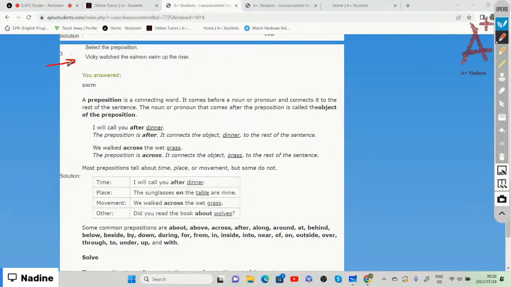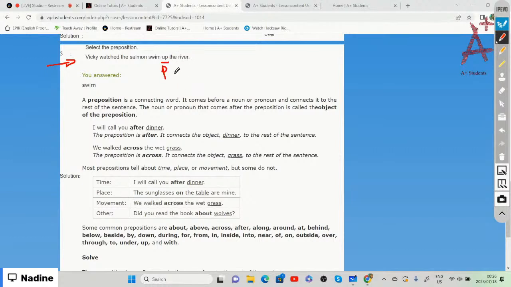Vicky watched the salmon swim up the river. We need to choose the preposition. So here they say select the preposition. All right, if we choose the preposition, then we can say it is up, right? So up being the preposition, we're going to say P for preposition.